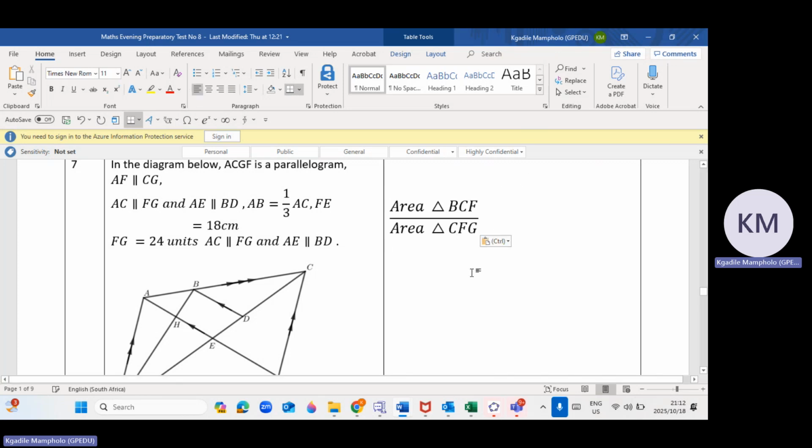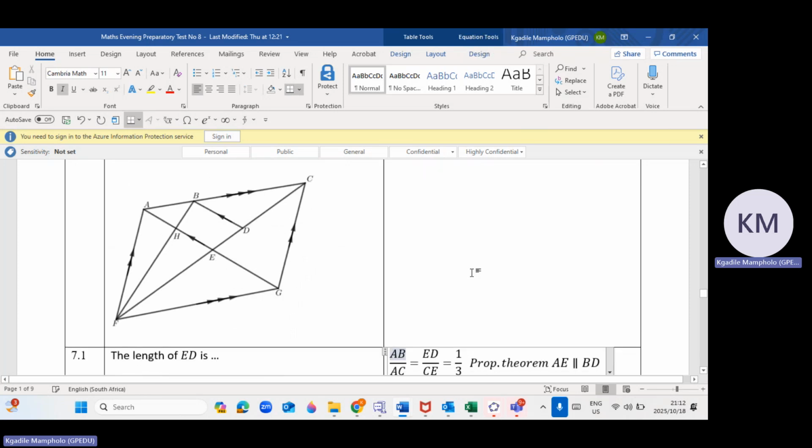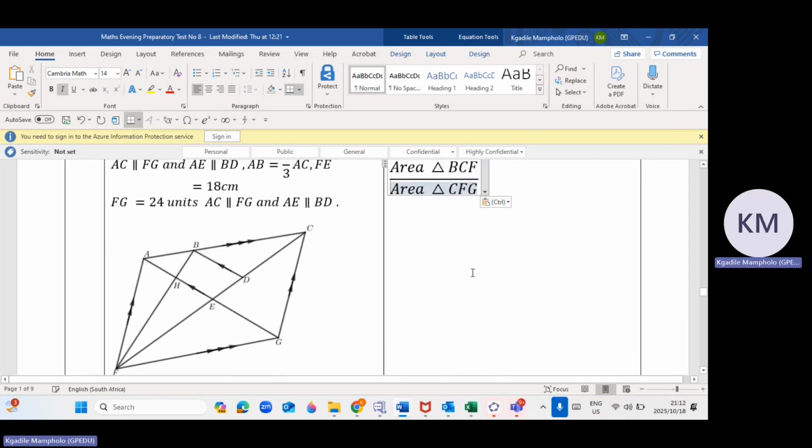We want the ratio of the area of BCF is to the area of CFG. Let's look at BCF. BCF is this one. And then CFG.